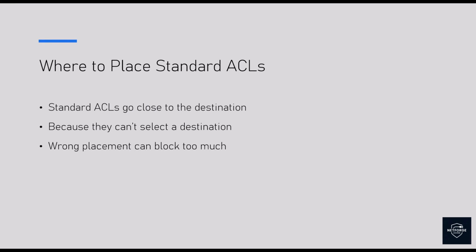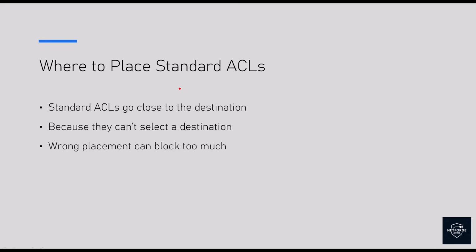So where to place standard access lists? This is very, very important. Standard access lists just check the source. Because they check the source, you cannot place them everywhere in the network. The best place in the network is closest to the destination. So maybe the destination router is going to be a good place to place a standard access list.